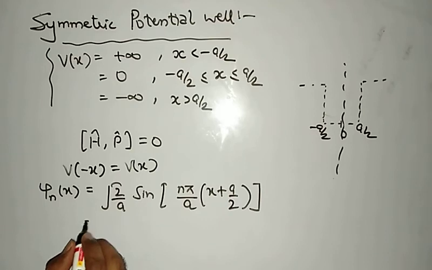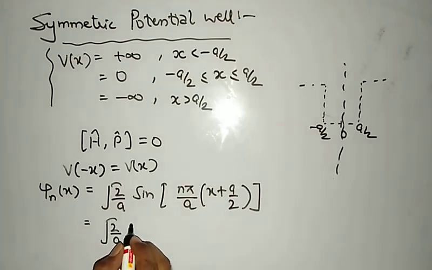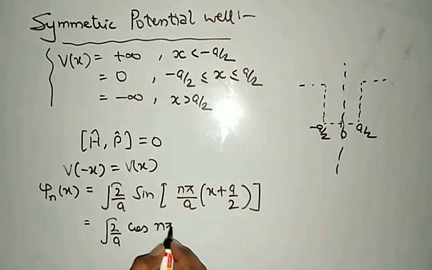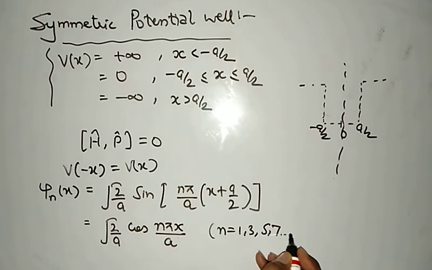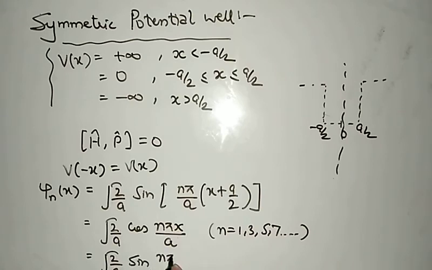One more thing: this value, under root 2 by a cos n pi x upon a, is for n equal to 1, 3, 5, odd quantum numbers, and this will be sine for even quantum numbers.